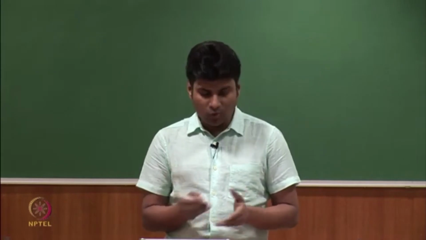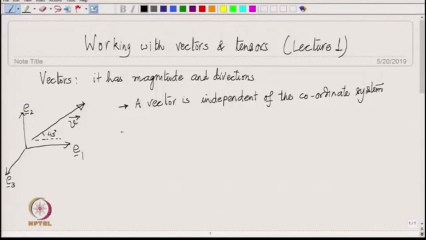So, what are the various components of this vector in this coordinate system? If I say V1, the component along E1, then this is the vector V dot E1, right.